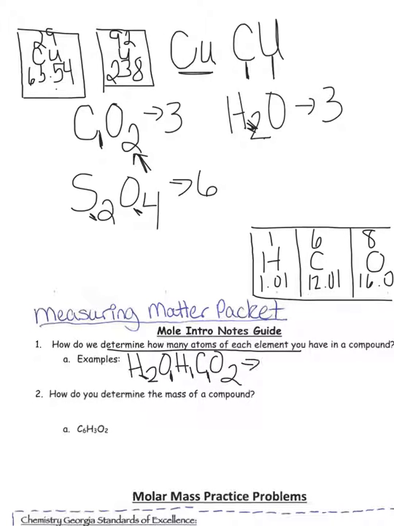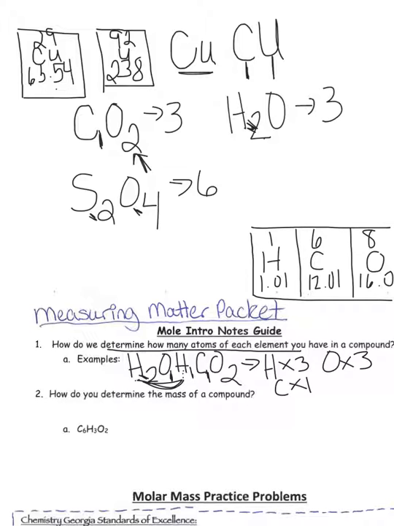So this compound has 3 hydrogen, 1 carbon, and 3 oxygen, if that makes sense. Because even though they're separated out right here, it's still a hydrogen, and that's still a hydrogen. So we would say that this compound has 1, 2, 3, 4, 5, 6, 7 different atoms.